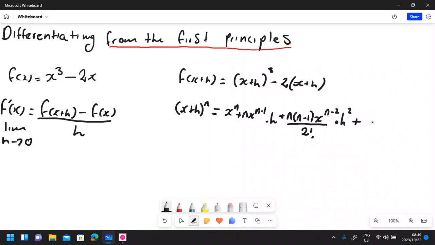So this one here, we can say n, and then n minus 1, and then n minus 2. So let's not forget, we're going to have x to the power of n minus 3, and then multiplied by h to the power of 3. All this divided by factorial 3, or 3 factorial.